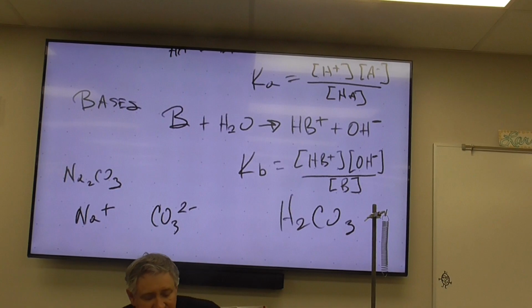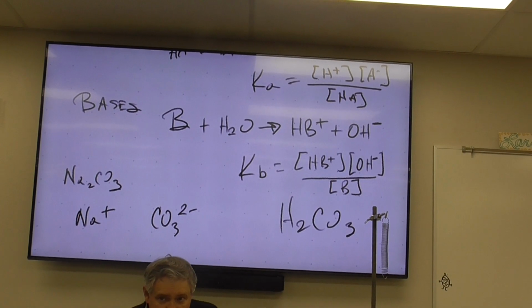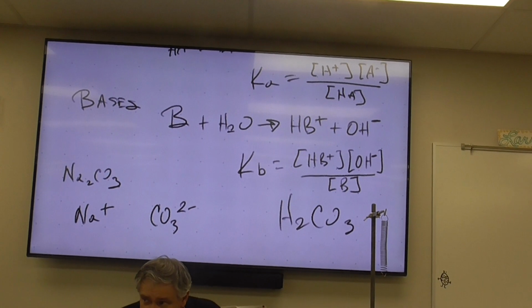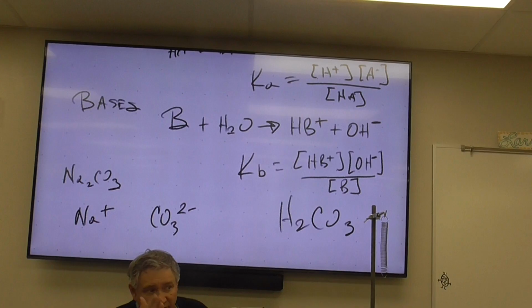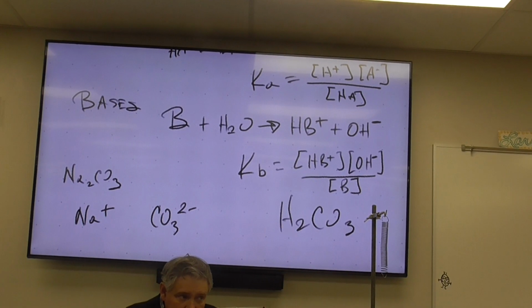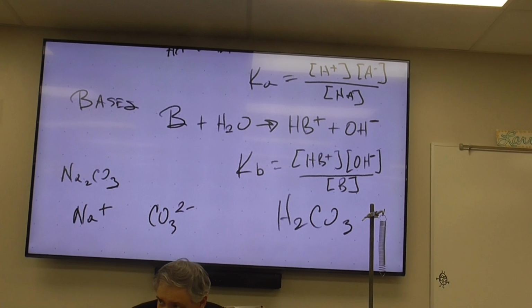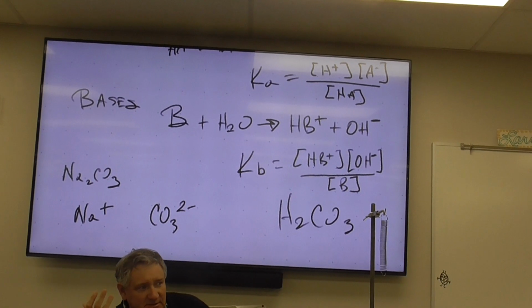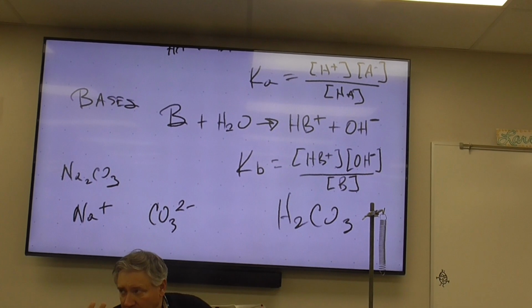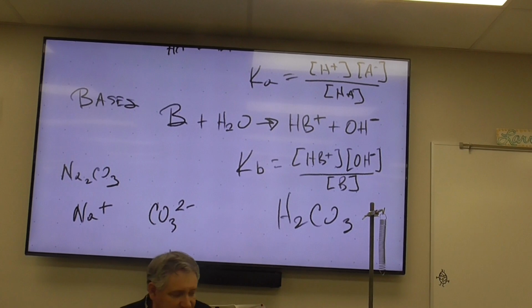It's a weak acid. So what that means is that carbonate ion, because it's the conjugate base off of a weak acid, wants to very much reform and make carbonic acid. It's just like, oh man, I'm missing my protons. I want to reform carbonic acid.